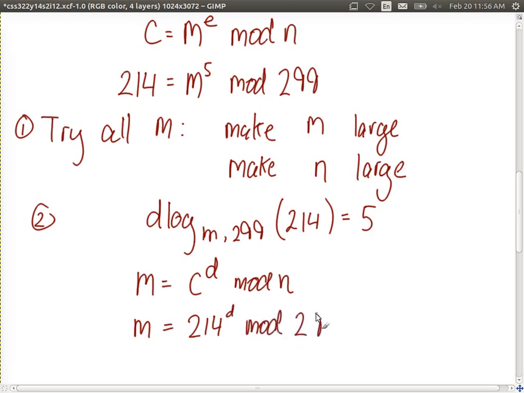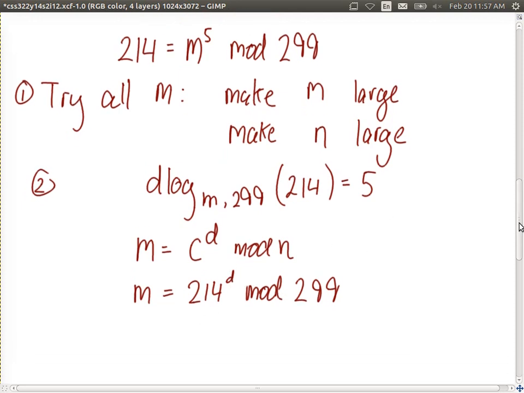We know n. So we have an equation, we've got two unknowns, so we need to find one of those unknowns. Well, we couldn't find m. Can we find d? If we do find d, solving this is easy. Just use my calculator. So if we can find d, we will find m. How do we find d?